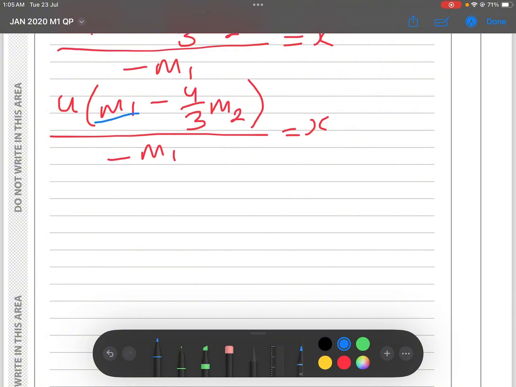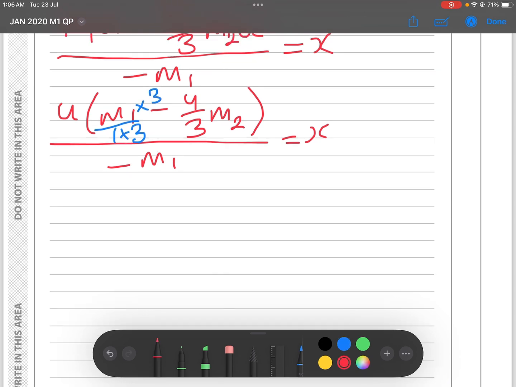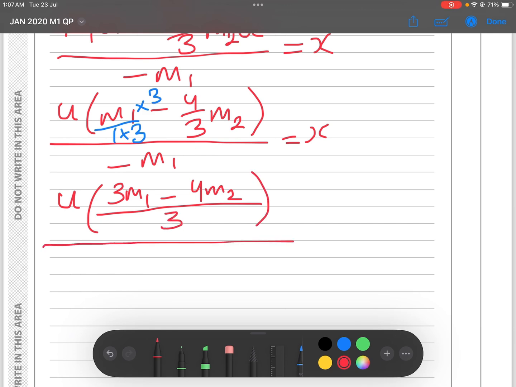So there is 1 here, right? And so the LCM is, I'll multiply 1 and m1 by 3. Then it's going to become u times 3m1 minus 4m2 divided by 3, whole thing divided by minus m1 is equal to x.